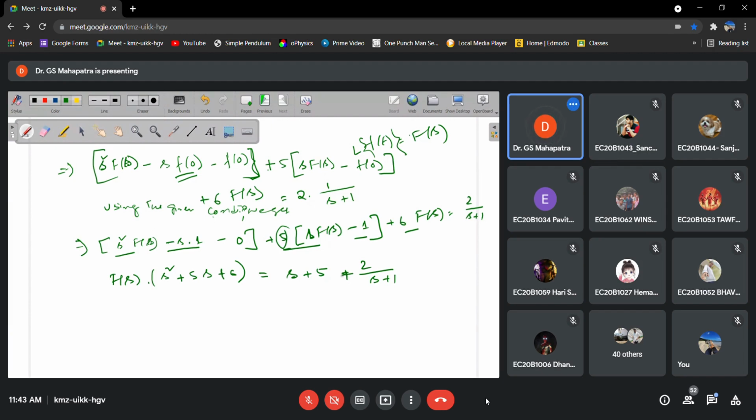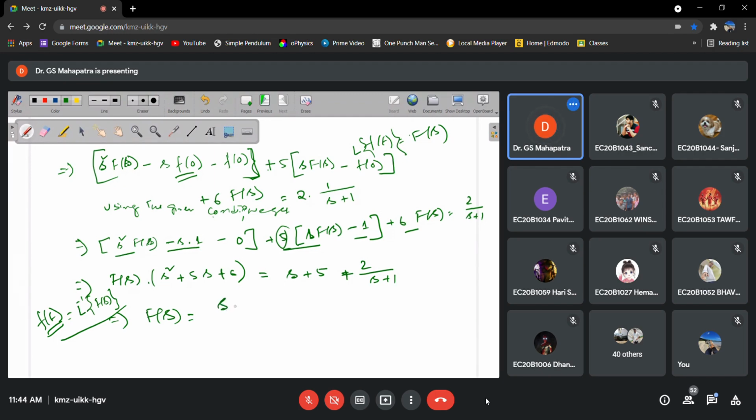Correct now. So now this is the part. Our target is to find the f of t. How can you find? If you take the inverse Laplace transform of capital F of s, then only we can find. So that's why the left hand side has only f of s, and the right hand side is in terms of s.